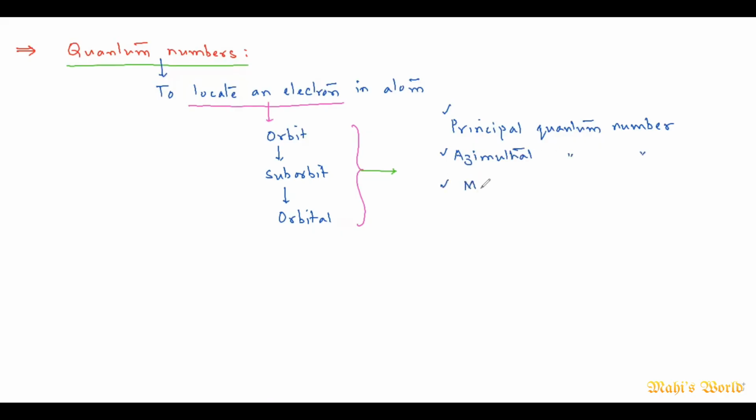Then, of course, the magnetic quantum number. And finally, the spin quantum number. These are the 4 quantum numbers required to locate an electron in an atom properly. Let us see in detail about these quantum numbers.